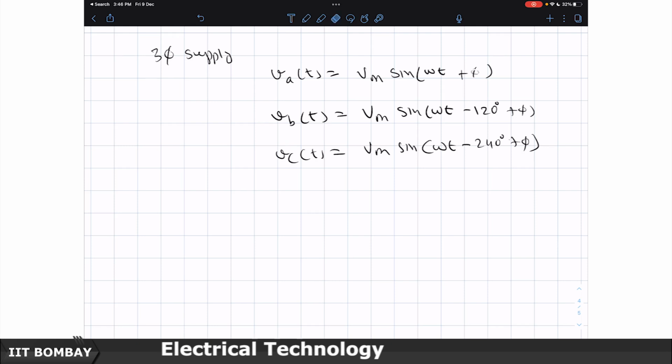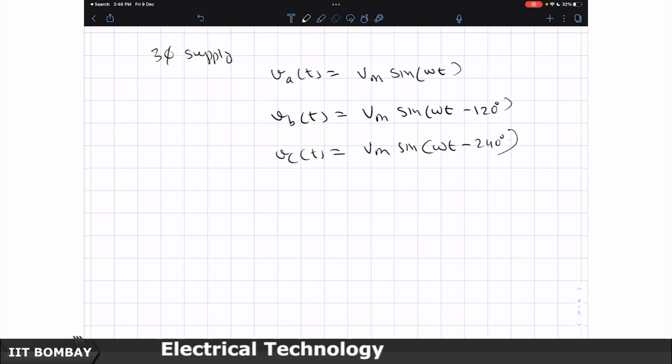So, it is better to just keep it simple. This is not really any impediment in generalization, and we can generalize it any time later. So, we can write the three voltage waveforms like this.